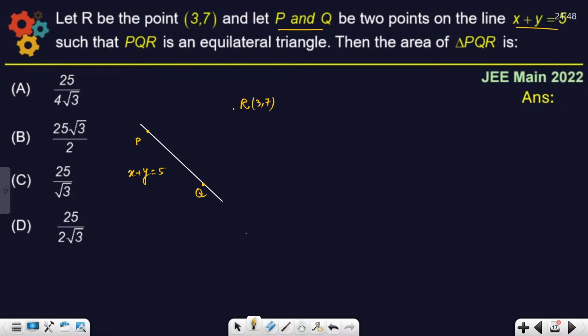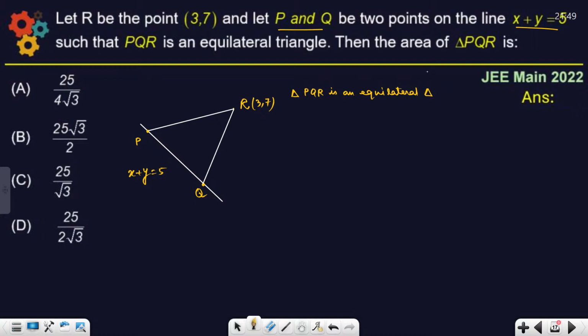Now they have said that if you join PQR, it becomes an equilateral triangle. So triangle PQR is an equilateral triangle, right?